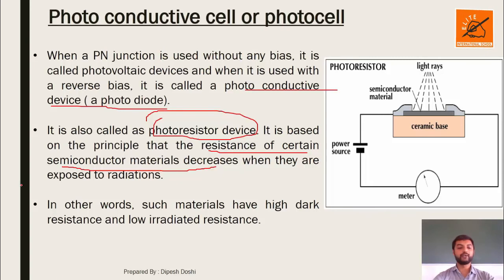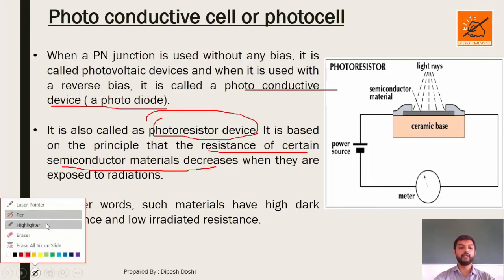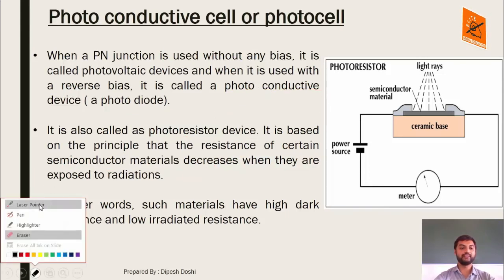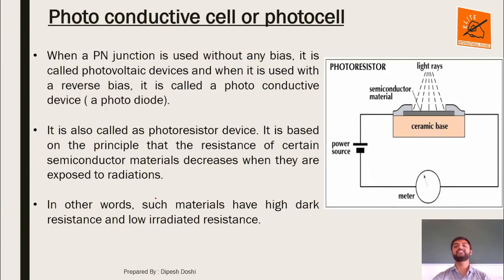I would like to explain this with the help of the temperature coefficient first. Suppose this is the semiconductor material, and I am exposing it to radiation. What happens when I expose it to radiation?